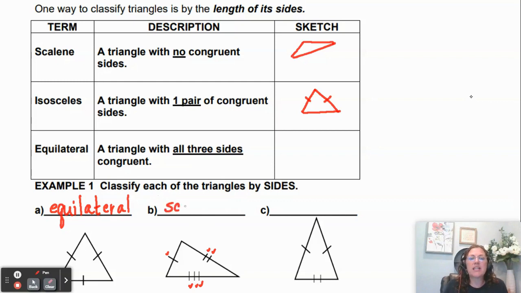So we would call this a scalene triangle. Then C is showing you that these two sides are the same, but the third is not, and this is where we get isosceles. So three different ways to classify triangles based on the length of their sides.